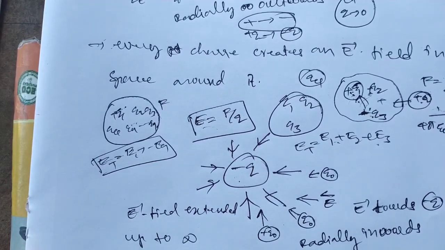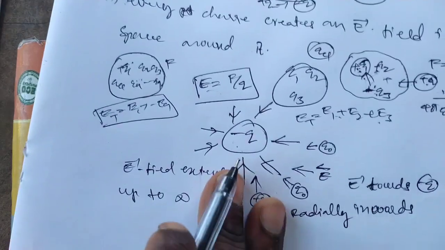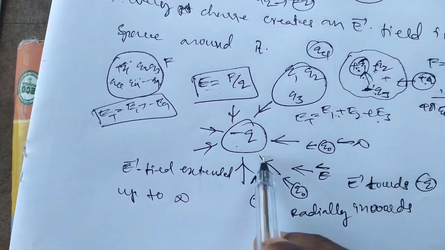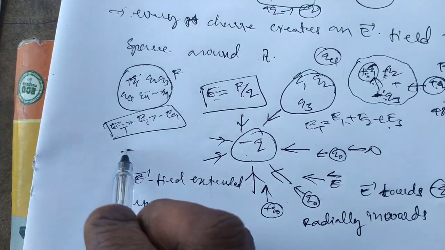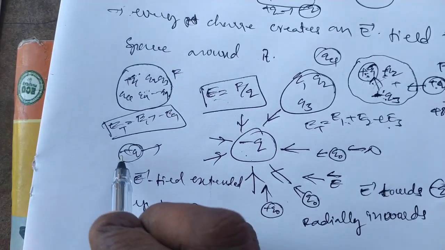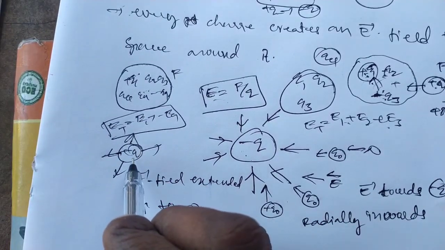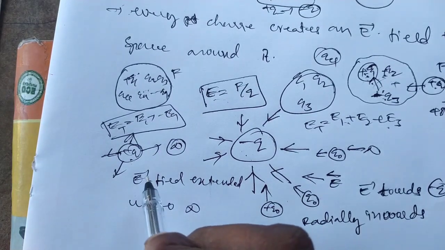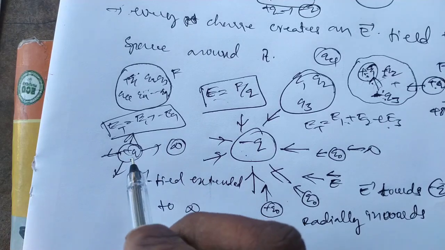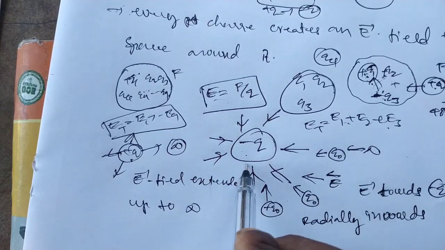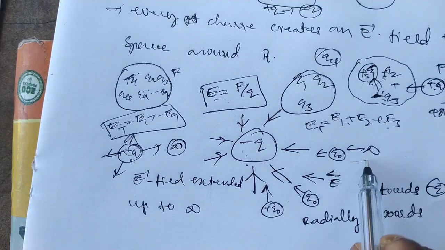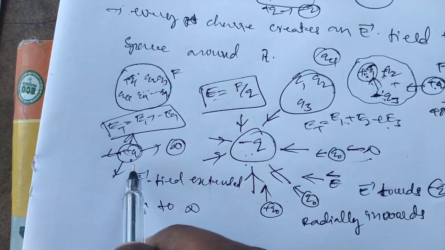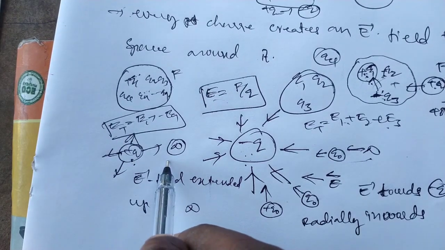The electric field lines come from infinity to minus q, and in the case of plus q, the electric field lines go from plus q up to infinity, that means a long distance. Here the lines come from infinity to minus q, and here they go from plus q to infinity.